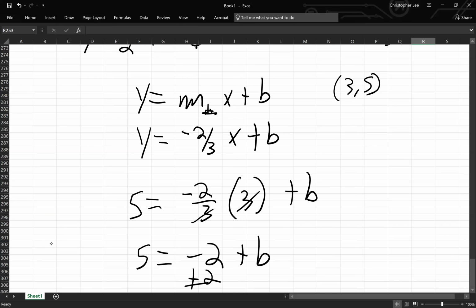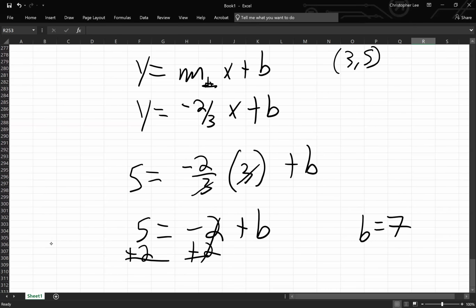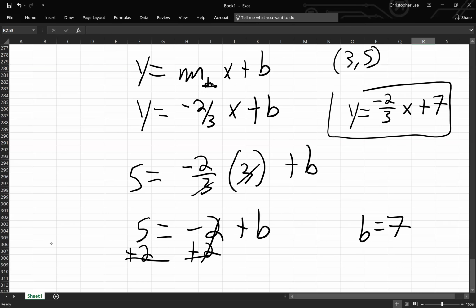Let's add 2 here, add 2 here. b is equal to 7. Rewrite the equation you have, and that's your answer. So I'm going to have y equals negative 2 over 3 x plus 7. And that's it.